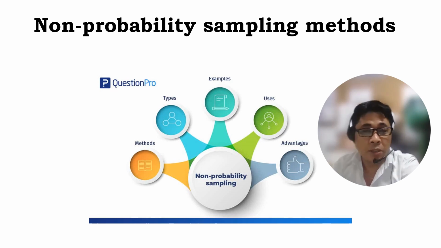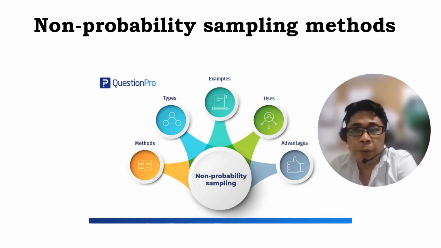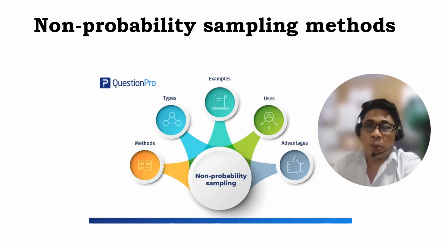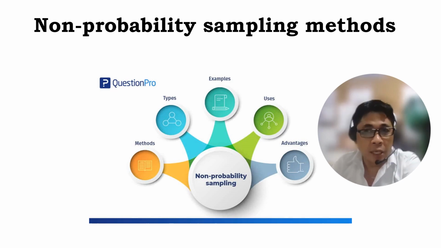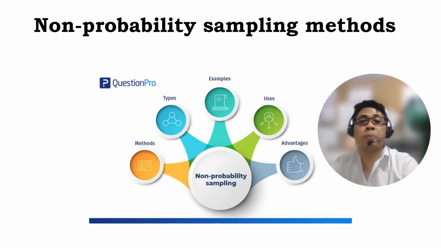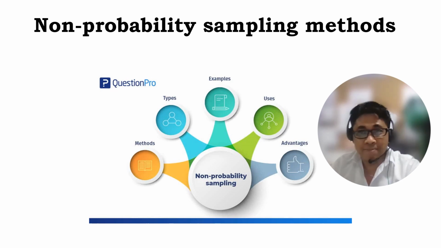So non-probability sampling techniques are often appropriate for exploratory and qualitative research. In these types of research, the aim is not to test hypotheses about a broad population, but to develop an initial understanding of a small or under-researched population.